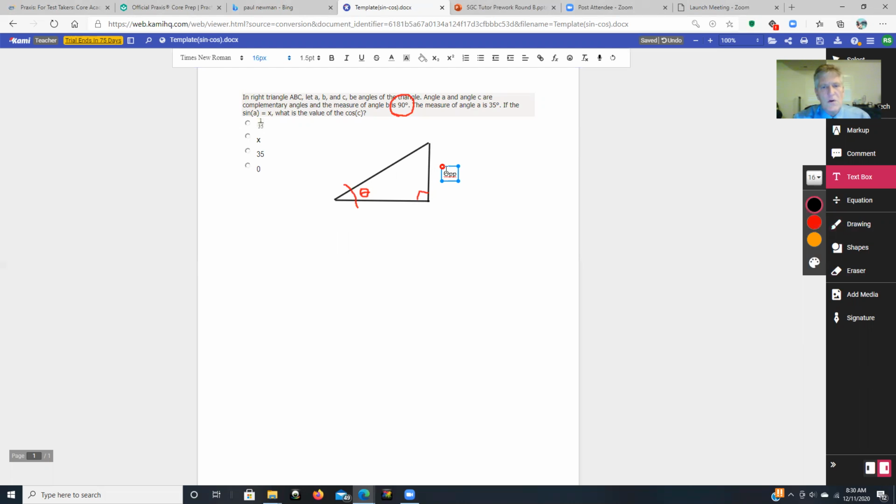The one that's across from the angle is the opposite side. The one that's next to the angle is adjacent. So I always like to start out with here's my angle. The one across is the opposite. The one next to it is the adjacent. And the one that's across from the 90-degree angle is always going to be your hypotenuse.